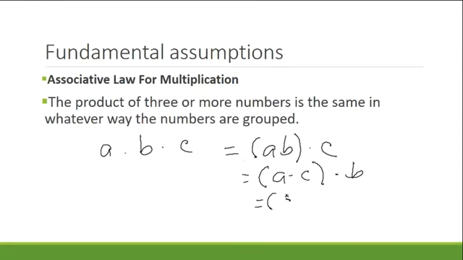Whatever association that we have, whatever grouping that we use here, B times C times A.